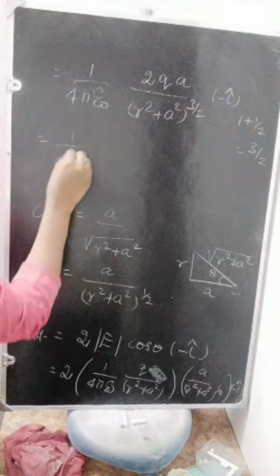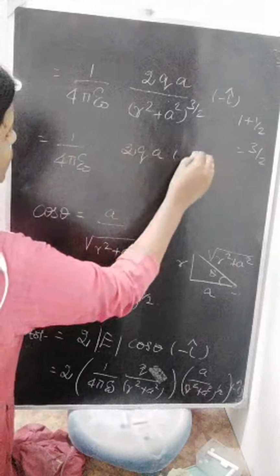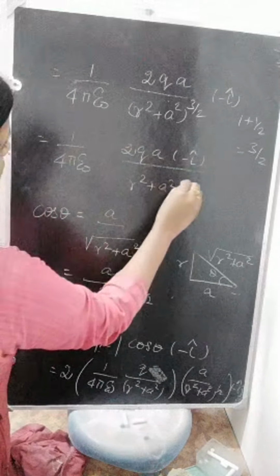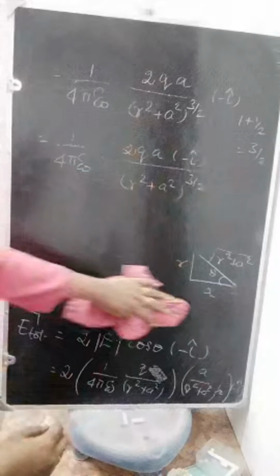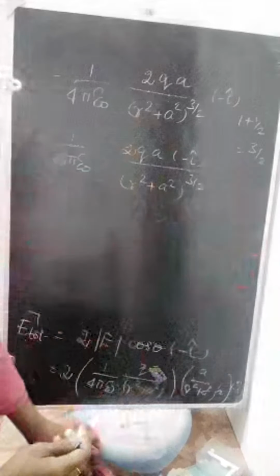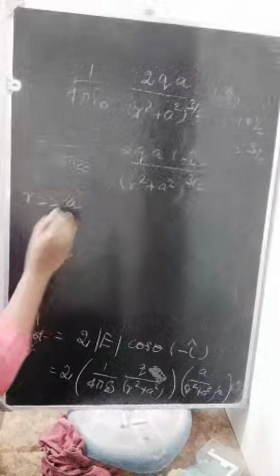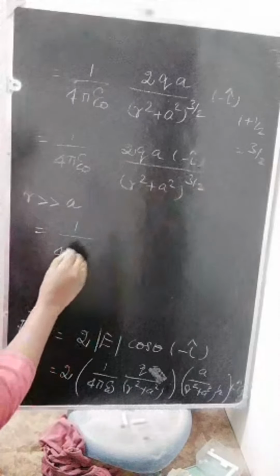So 1 by 4 pi epsilon naught 2QA into minus i cap divided by (R square plus A square) power 3 by 2. And again, come to the same assumption where R is very much greater than A. So neglect the A value in R power 3 by 2.